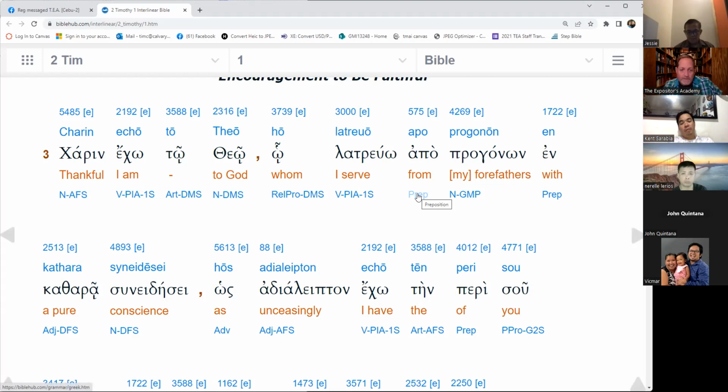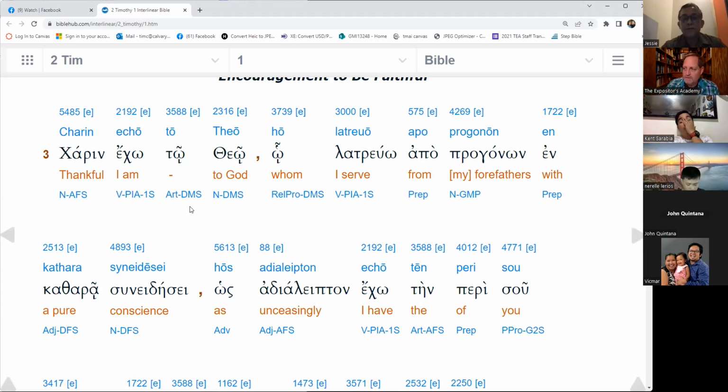So here, actually, in the Greek text, there is a preposition, a connector word. But the English translation we were using didn't put it in. It used the phrase "the way," my forefathers did. I think a better translation would have just been to say "as," to better reflect the Greek text, which puts a connector word in there.